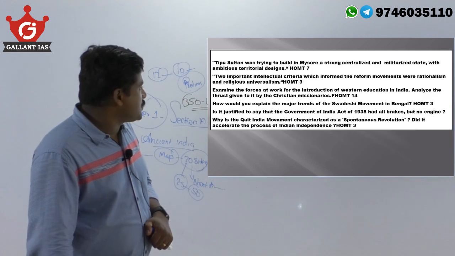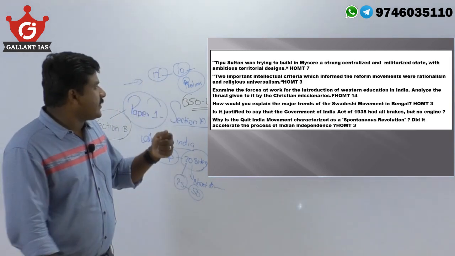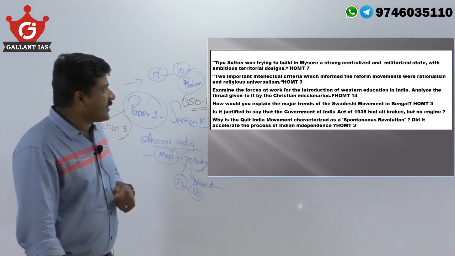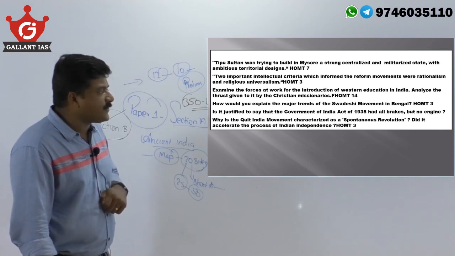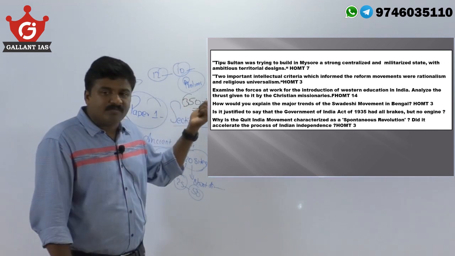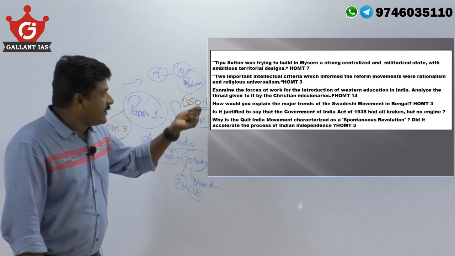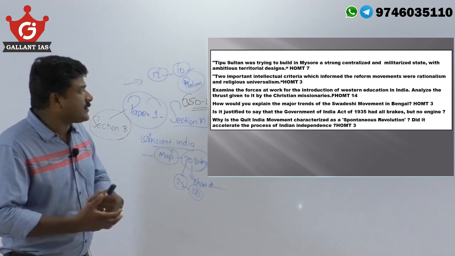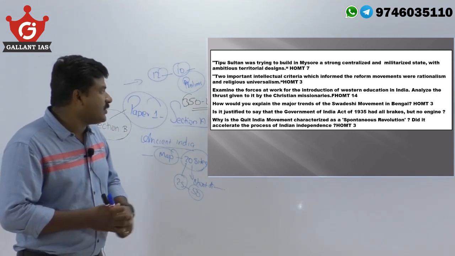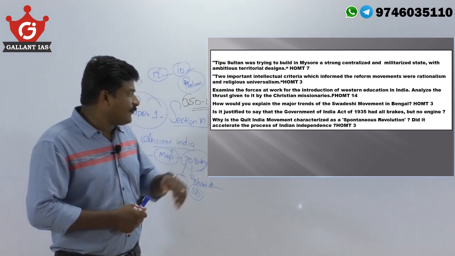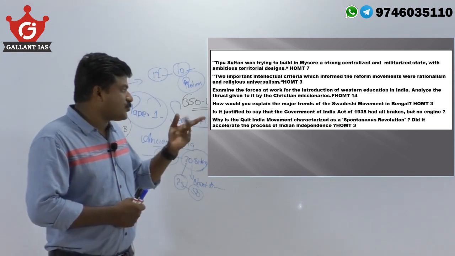That is an advantage. Tipu Sultan; two important intellectual criteria which formed the reform movements of the 19th century: rationalism, religious universalism. Then examine the forces at work for introduction of Western education, Swadeshi movement, Government of India Act 1935, Quit India spontaneous revolution.